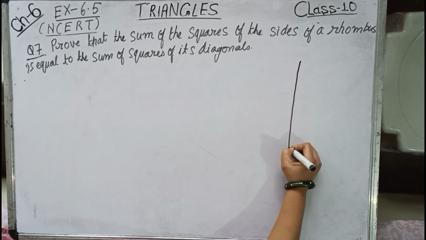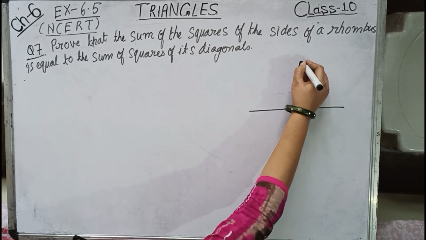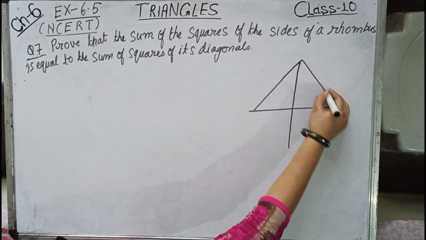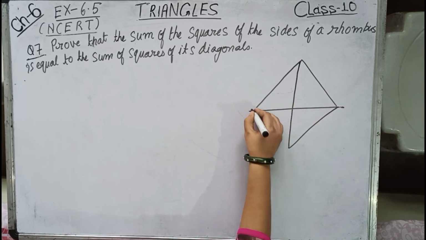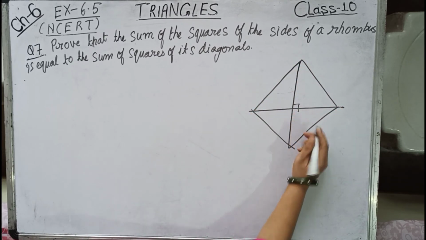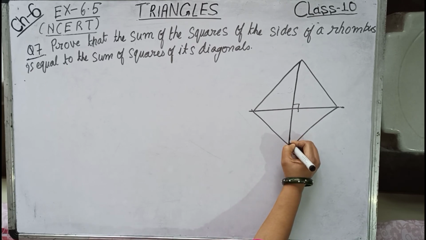Now, rhombus property you know, all sides are equal and the diagonals bisect each other at 90 degrees.